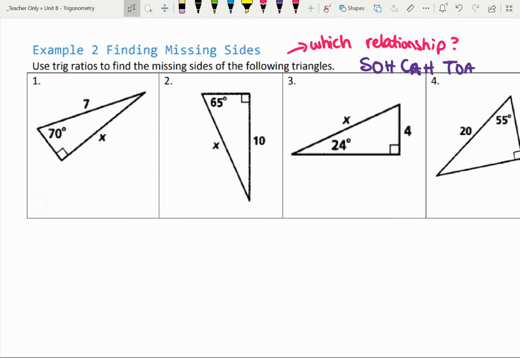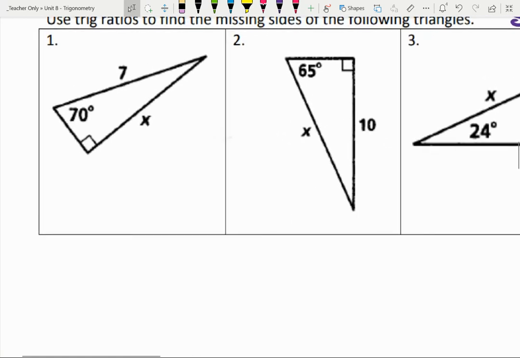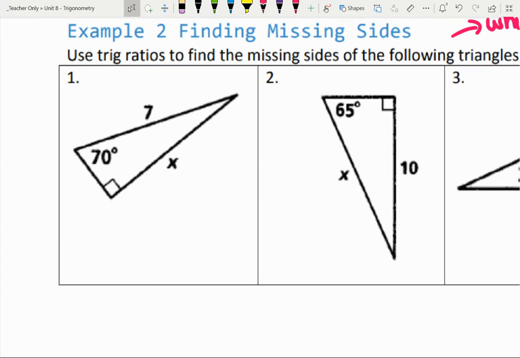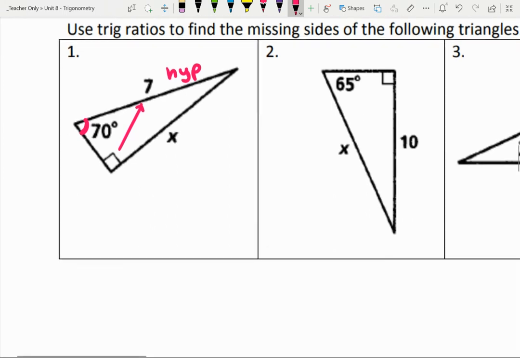So in example 1, we're given that the hypotenuse is 7, right? It's across from the 90-degree angle. And we're given an angle that is 70 degrees, and we're looking for a missing side of x. So I'm going to be looking for, what are the relationships between these values?